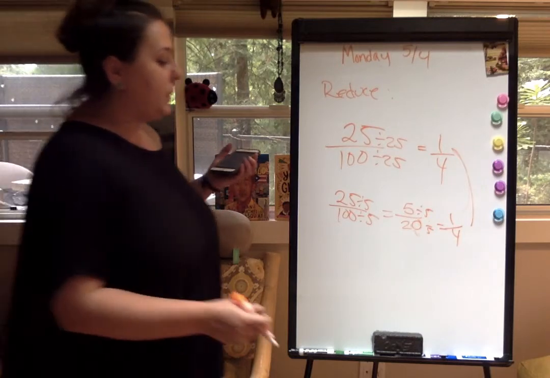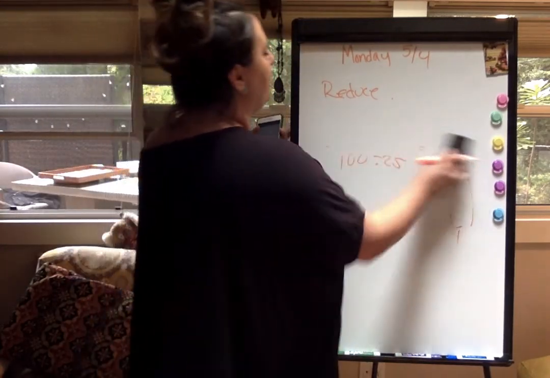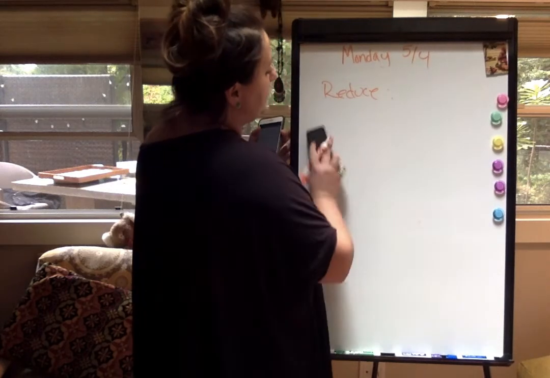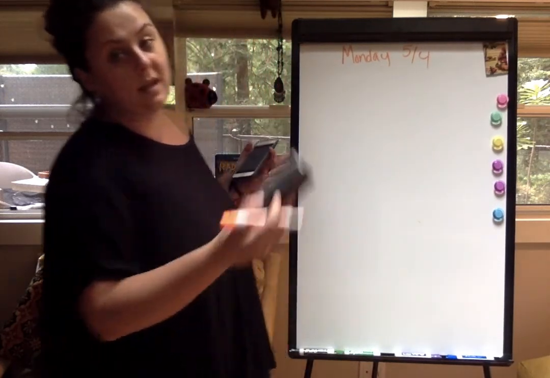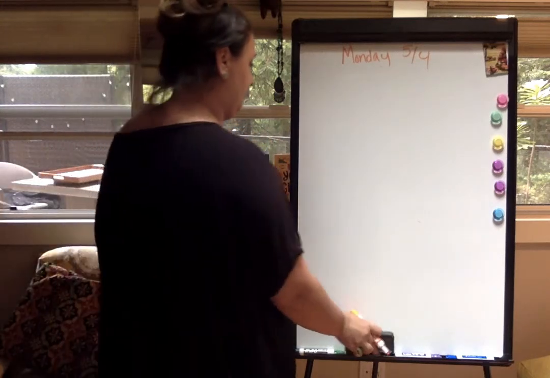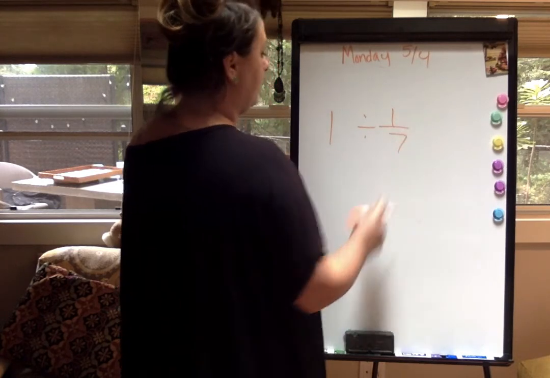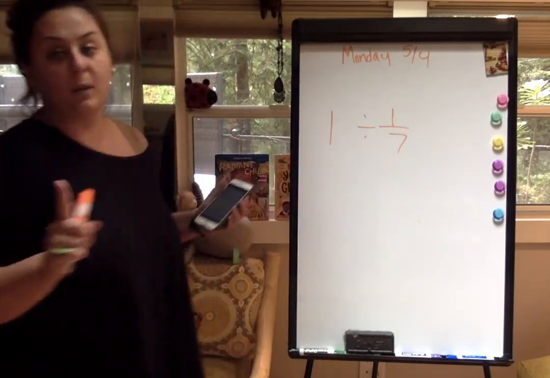Find the quotient. This is that keep, change, flip. Now, this one's going to be kind of easy because anything times 1 is 1. So if we have 1 divided by 1/7, okay, you have to make your whole number into a fraction.